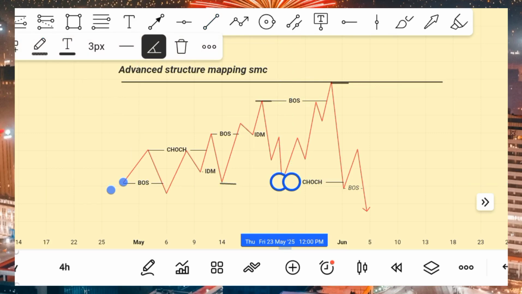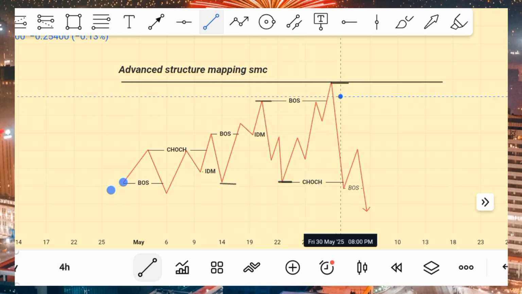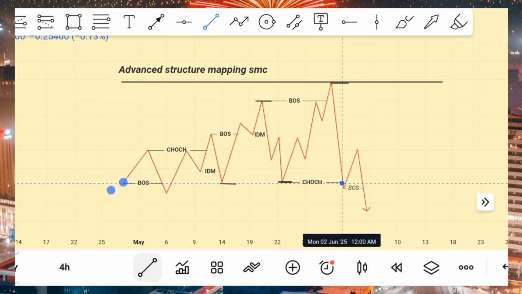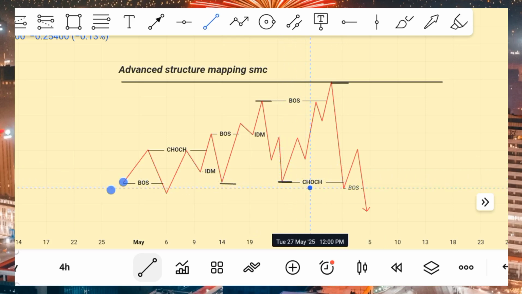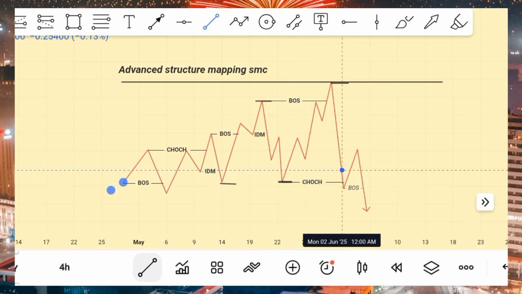So on this, when market comes back, there are some days where maybe news causes the market to do a massive rally to the downside and then break the previous lower high to the downside.